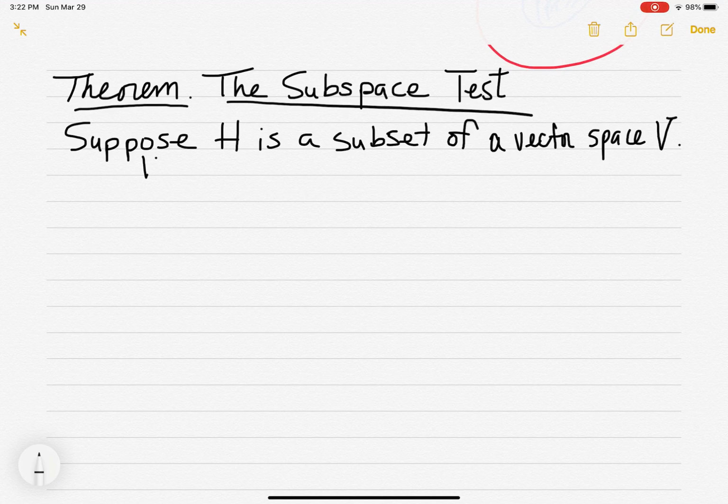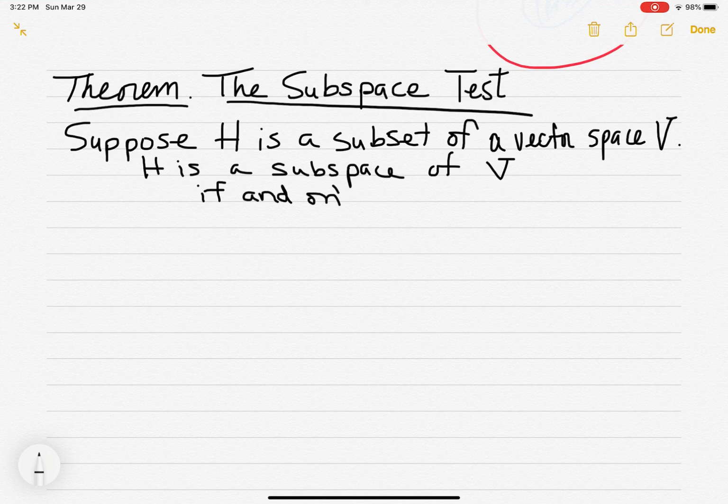H is a subspace of V if and only if the following happens. Number one, the zero vector, which is in V, is also in H. So the zero vector is an element of H.